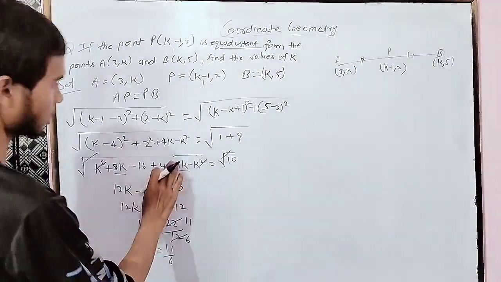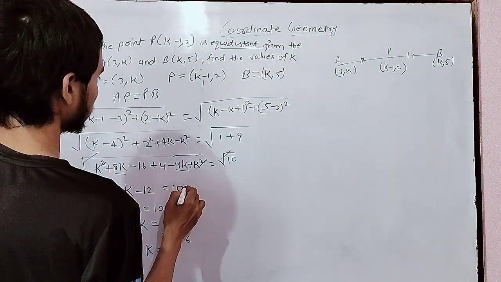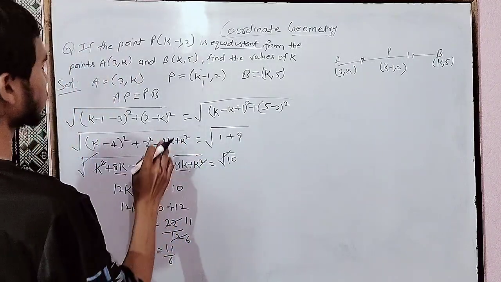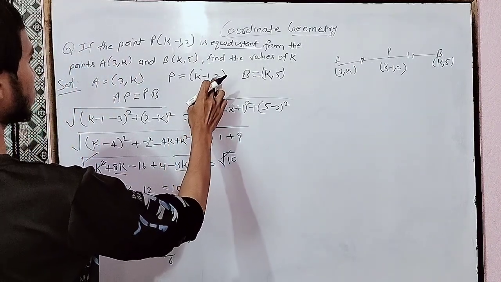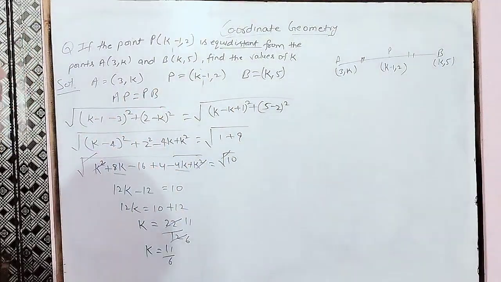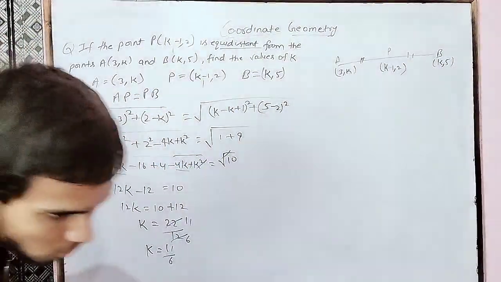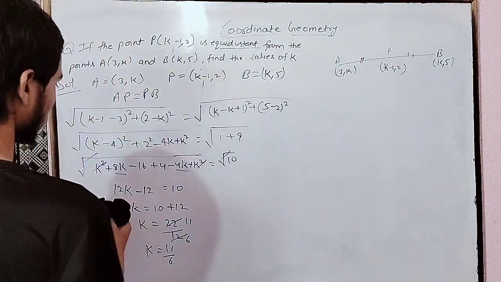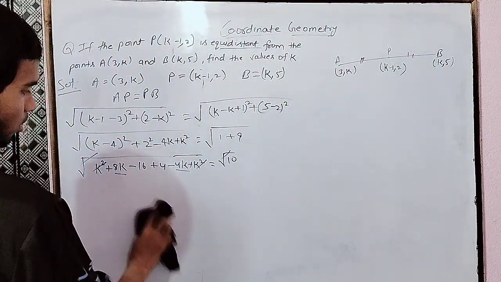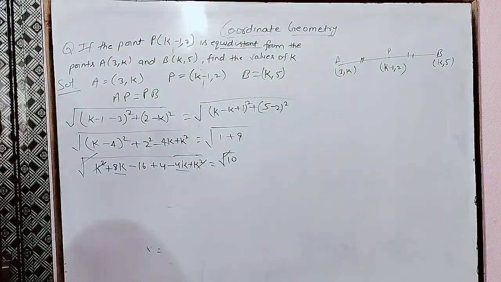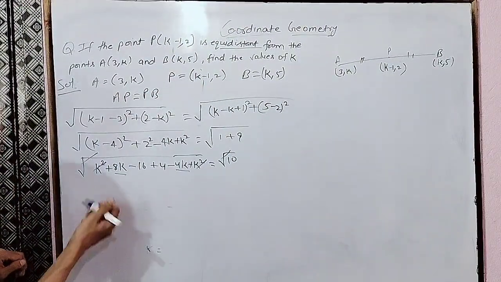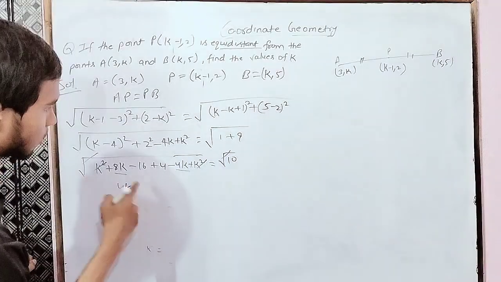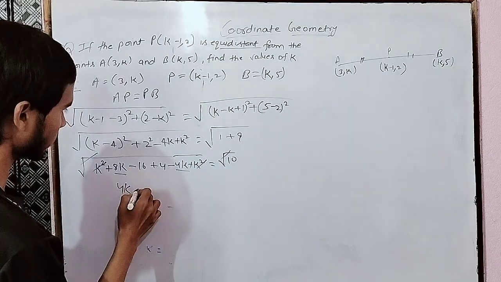So here I did wrong. This is minus and this is plus. This is minus and this is plus. 2 minus k. So here 8k, 4k, okay, and here minus 16, it will become 20.